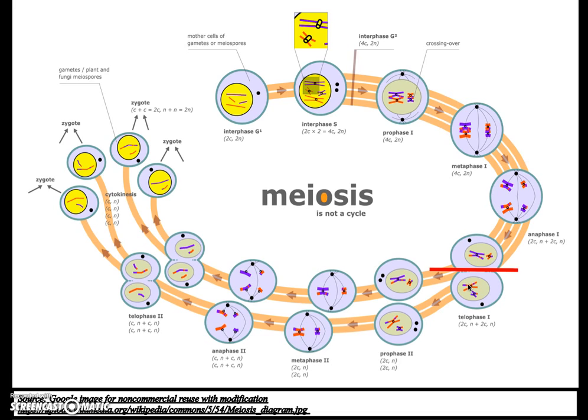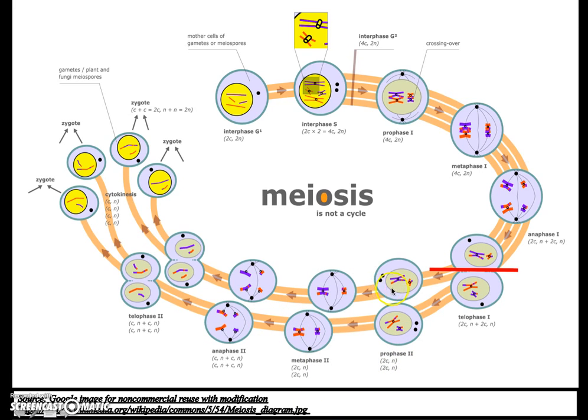At prophase 2, a spindle apparatus forms. In late prophase 2, chromosomes, each still composed of two chromatids, move toward the metaphase 2 plate.